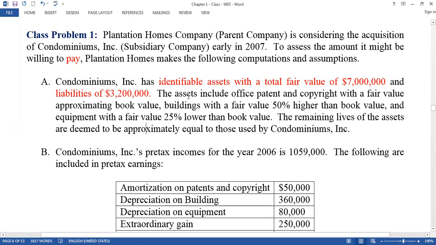We have to calculate the net assets that we have to pay. Then the assets include office, patent and copyright with a fair value approximating the book value.